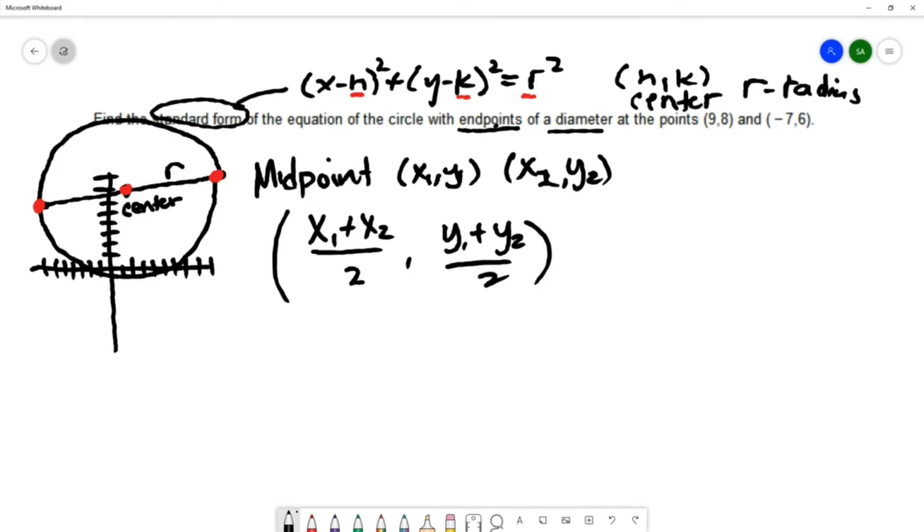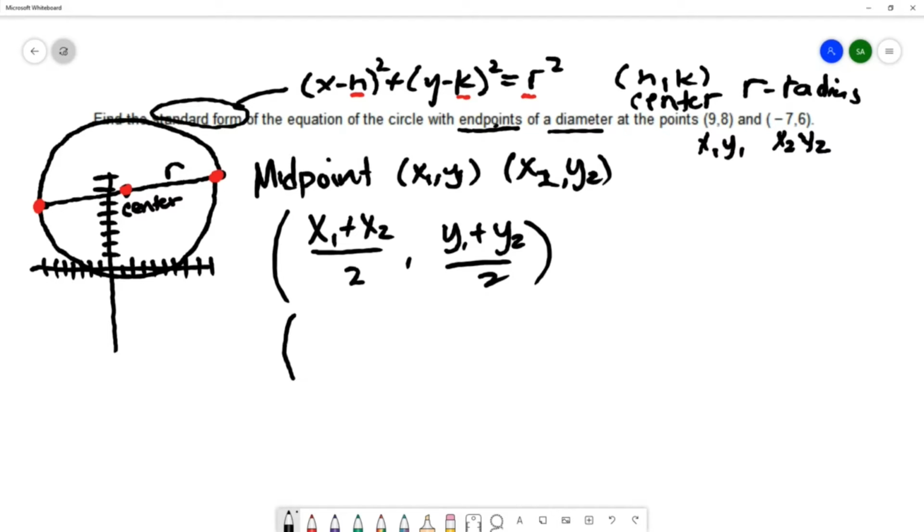And in this example, because we have endpoints of the diameter, doing this calculation will give us the center of the circle. So we'll let our ordered pair 9, 8 be our first ordered pair, x1, y1, and negative 7, 6 be our second one, x2, y2. We're going to substitute it into that midpoint formula.